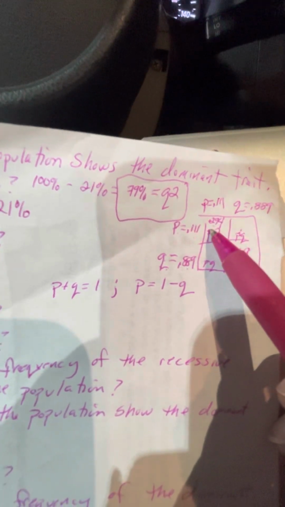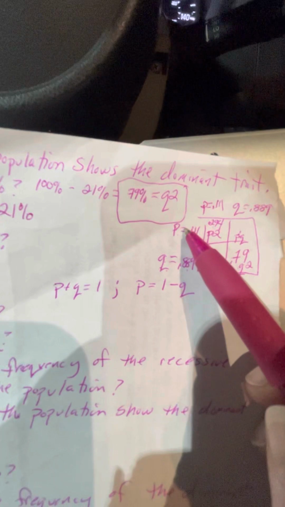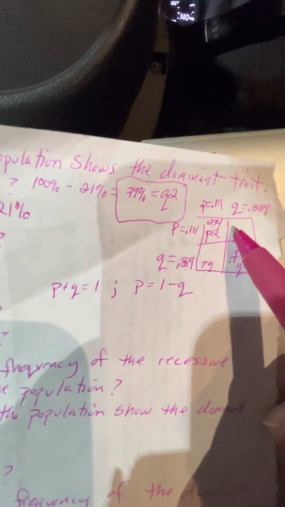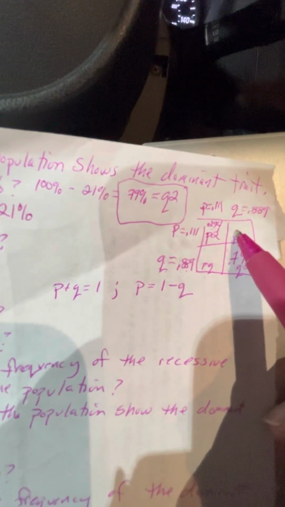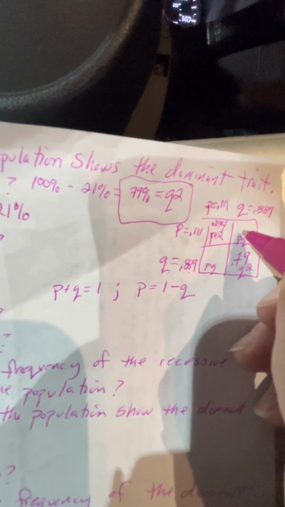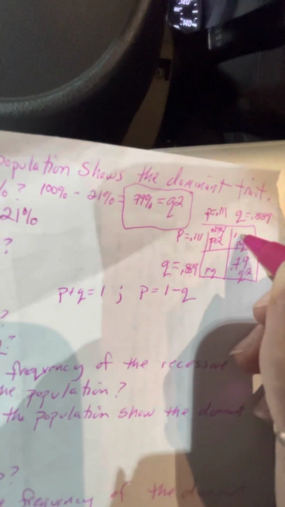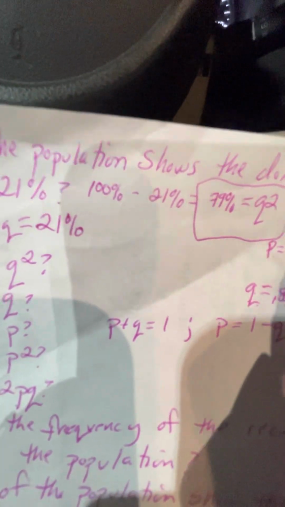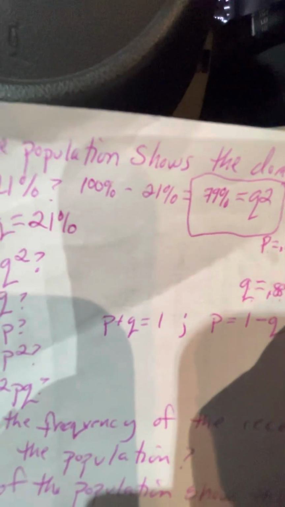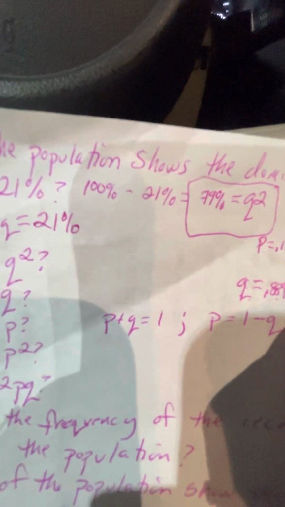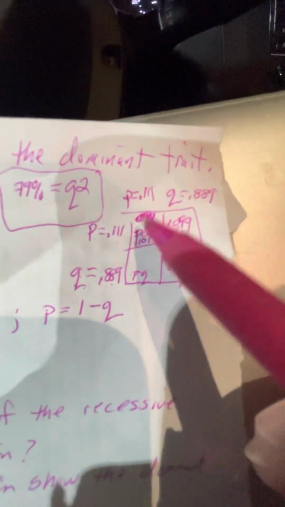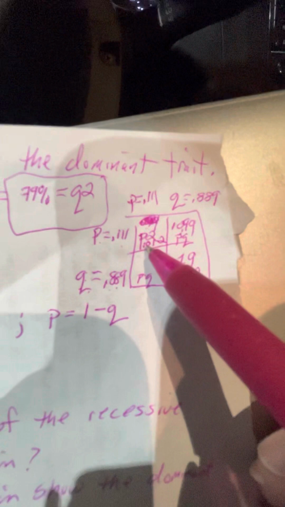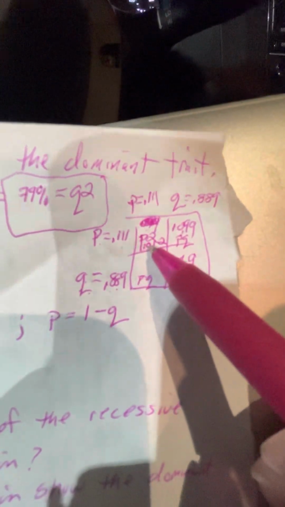Now I'm going to take P times Q, 0.111 times 0.889, and I get 0.099. And excuse me, I have the wrong value in here. P squared is 0.012, sorry, 0.012, not 0.294.